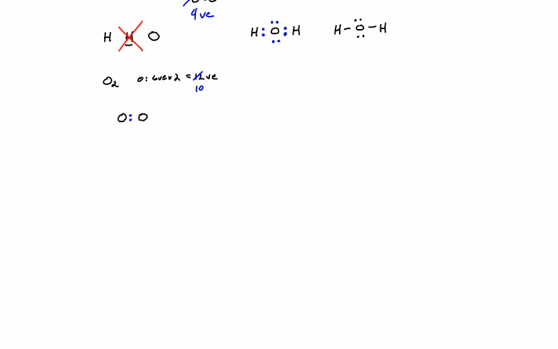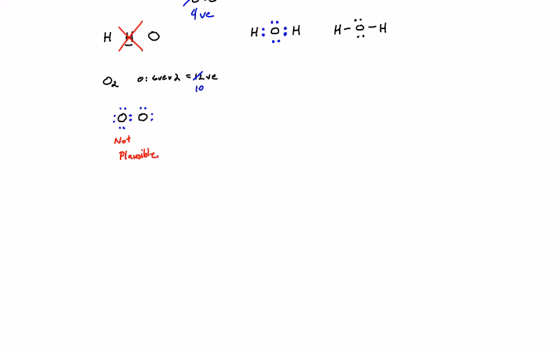Now, if I were to try to distribute these 10 electrons, 1, 2, 3, 4, 5, 6, 7, 8, 9, 10, what I find is that I've built a structure that has a full octet of electrons on one side, but not on the other. So this is not going to be a good Lewis structure. We say it's not plausible, because one of the atoms does not have its octet.